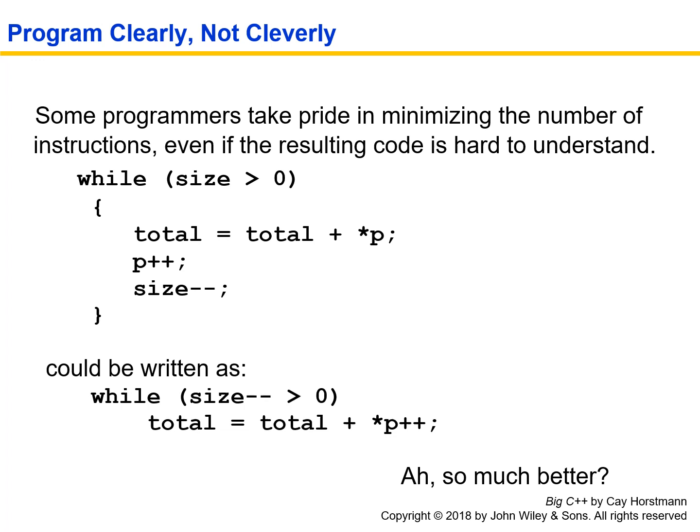It's not clear whether that's actually what's going to happen or whether it's going to do ++*p, the value p is pointing to. Parentheses would make that a lot clearer. But another point is that that's just a totally unnecessary thing to write. It's okay to write total = total + *p and then p++ on a separate line. And in fact, it's preferable to do that.